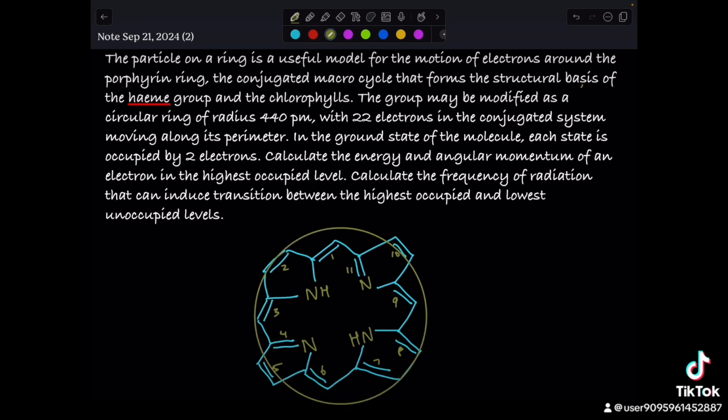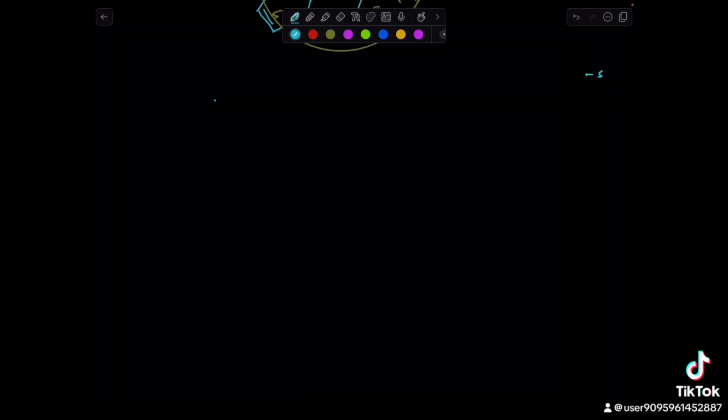So we can consider the motion of these pi electrons in the circular ring, and the radius is given as 440 picometers. Since there are 22 electrons involved in the conjugation, there should be 22 divided by 2, which is 11 pi bonds.